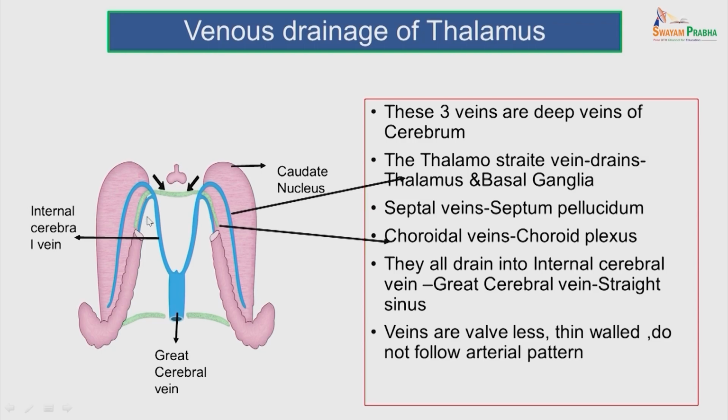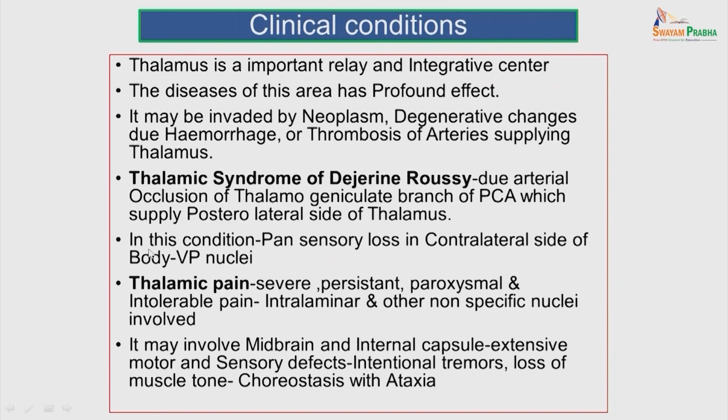They all drain into the internal cerebral vein, which is a paired vein, which in turn drains into the great cerebral vein. Finally, this drains into the straight sinus. These veins of the thalamus are valveless, very thin walled, and they do not follow the arterial pattern.